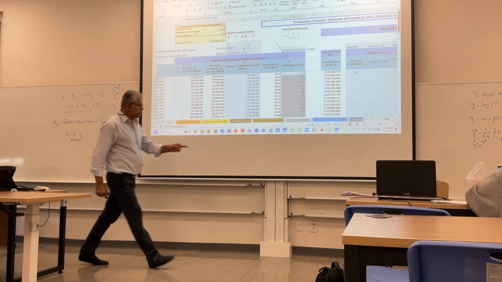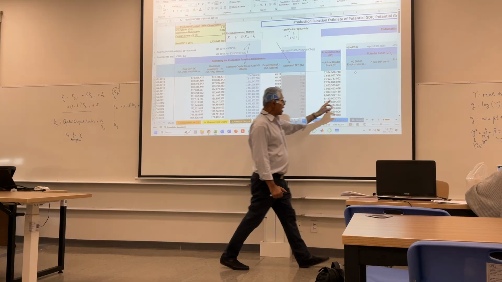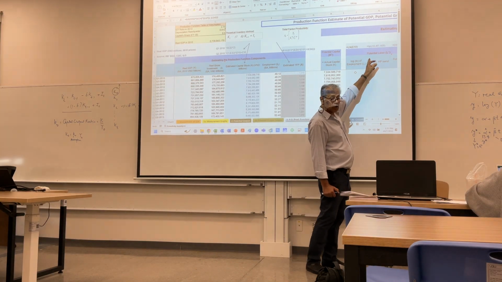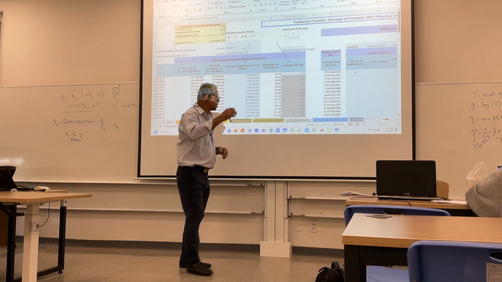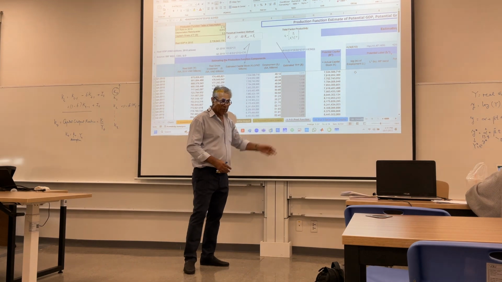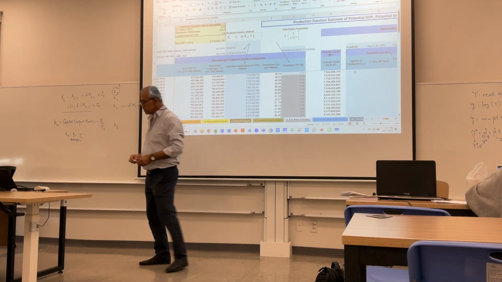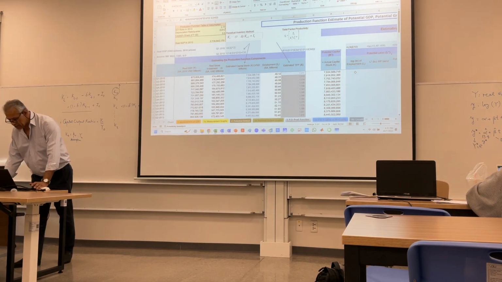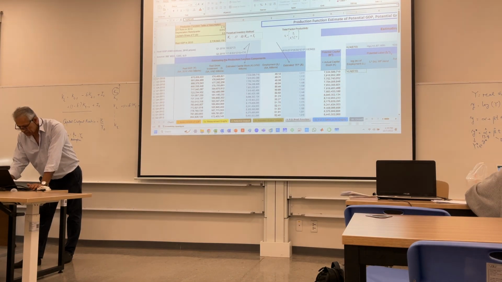Now, this is the actual employment. And let's say I want to find out what potential employment in this economy could be. It's not changing very much. But if I were to use a smooth HP filter trend for employment, then I could basically be thinking of employment as rising smoothly over time.